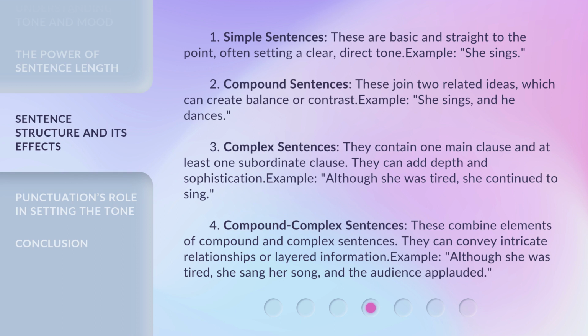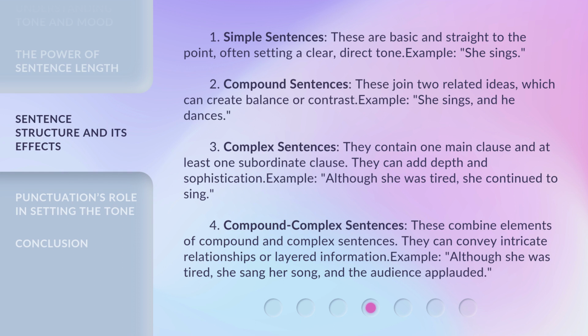3. Complex sentences. They contain one main clause and at least one subordinate clause. They can add depth and sophistication. Example: Although she was tired, she continued to sing. 4. Compound-complex sentences. These combine elements of compound and complex sentences.